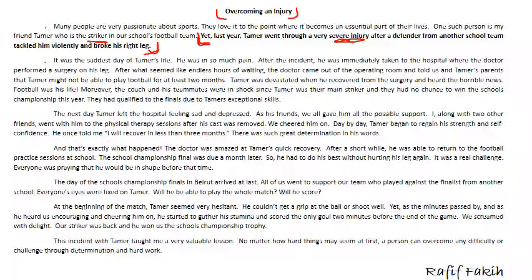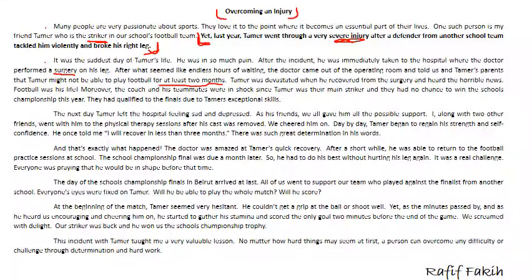It was the saddest day of Tamer's life. He was in so much pain. After the incident, he was immediately taken to the hospital where the doctor performed a surgery on his leg. Surgery, there's an operation here. After what seemed like endless hours of waiting, the doctor came out of the operating room and told us and Tamer's parents that Tamer might not be able to play football for at least 2 months.